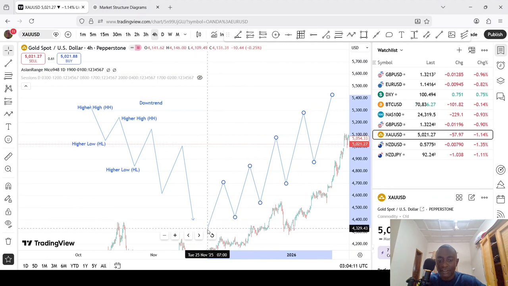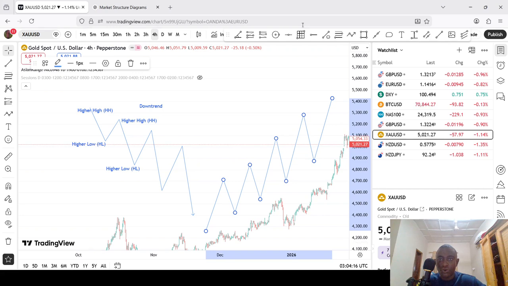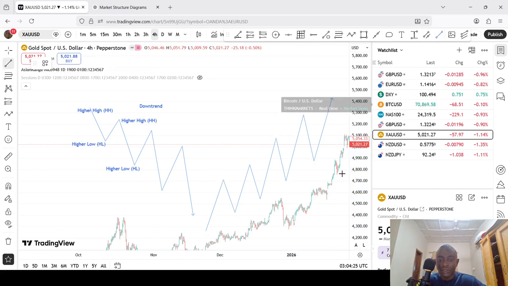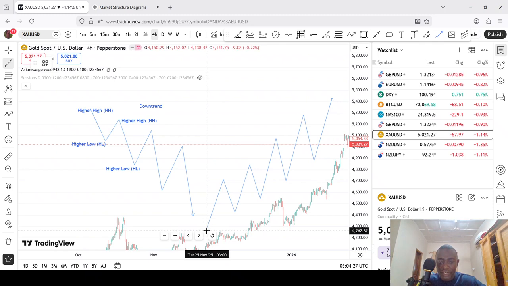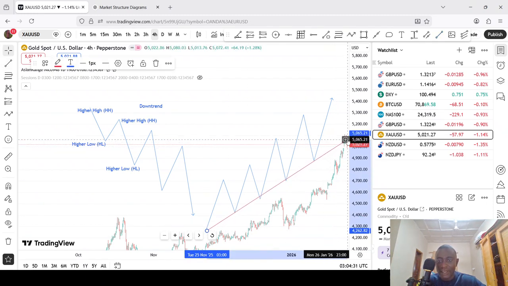You understand? And with this, mostly you can just draw a trend line. If you have not watched my first video on how to use TradingView, you can just watch. Once I draw a trend line, you see that this is the line, and price shouldn't go below it.